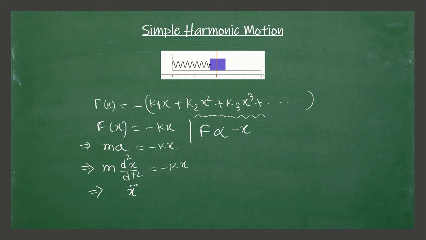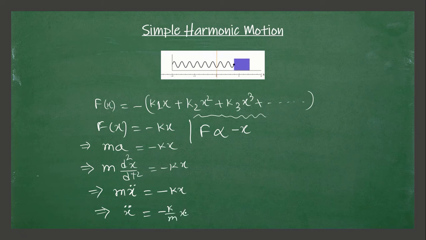This is a short notation which tells us that it is the second derivative of x with respect to time. So m x double dot equal to minus kx. Now if we move this constant to this side, what do we get? Well, x double dot equal to minus k over m times x. Now let's take all those things to the left hand side. We get x double dot plus k over m times x equal to 0.